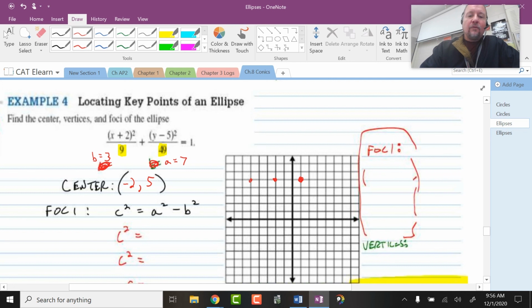X-axis move, 1, 2, 3. Radius for that. That is part of the ellipse, those 2 points. And then my y-axis radius, you're done, Ryan. 2, 3, 4, 5, 6, 7. Or mathematically, you can add 7 and subtract 7 to the y-coordinate of the center. It's very simple to find those. Either mathematically or graphically, it should not be hard.